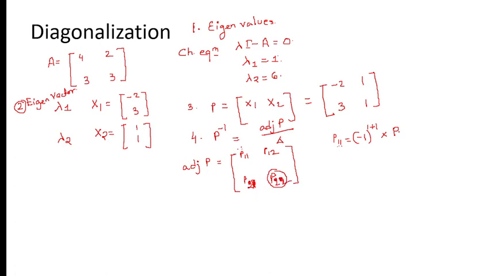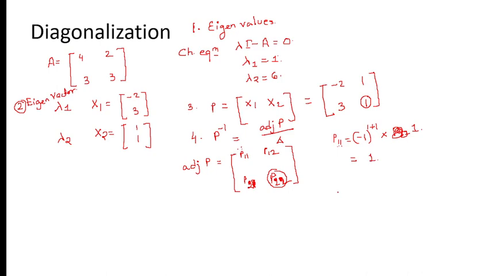So the value of the cofactor P11 will be this remaining value, which is 1.